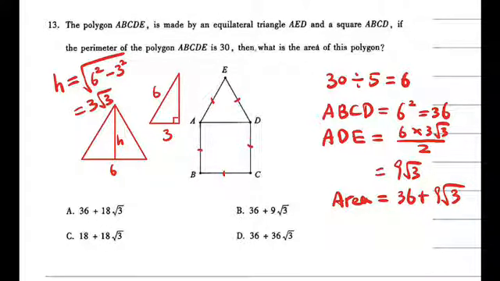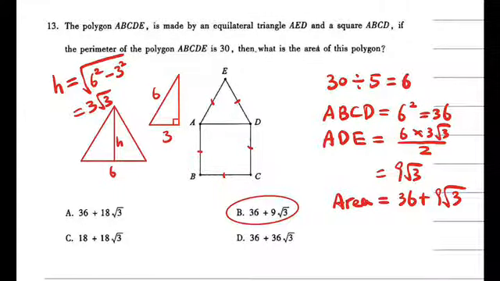If we certainly forgot, we can use the Pythagorean theorem to solve it, so don't worry about it. So here we got the height 3 root 3. So the area equals 6 times 3 root 3 over 2 equals 9 root 3. The answer should be B, 36 plus 9 root 3.